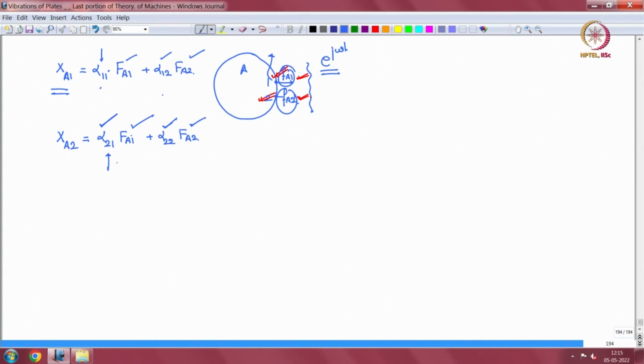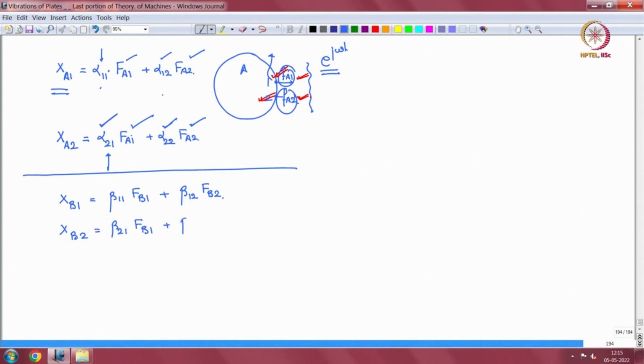It's a linear system. Then XB1 is equal to beta 11 FB1 plus beta 12 FB2, the same logic, and XB2 is beta 21 FB1 plus beta 22 FB2.